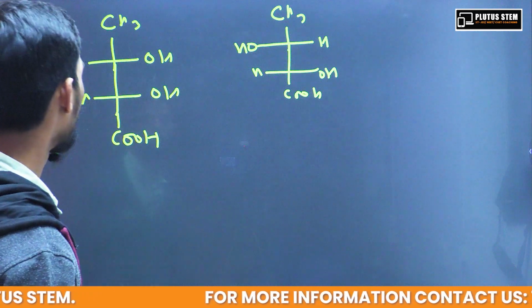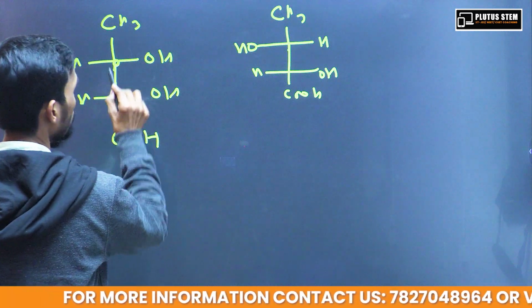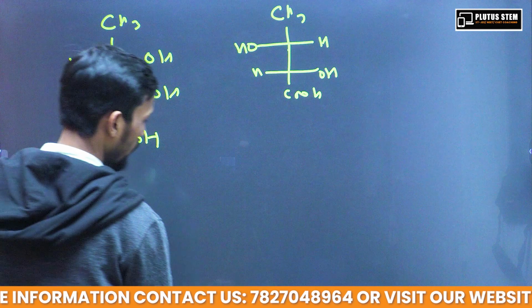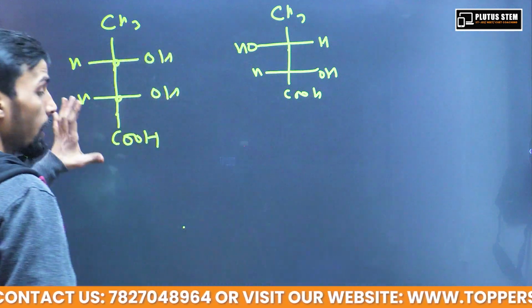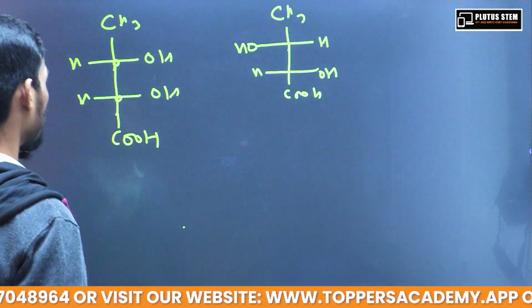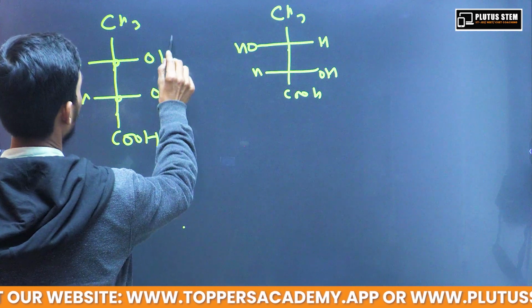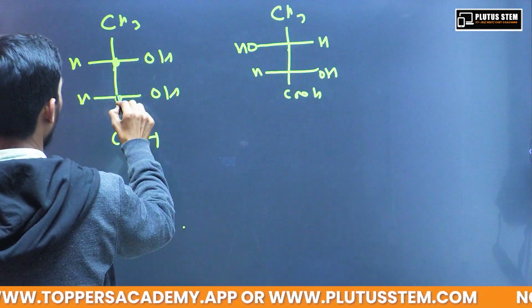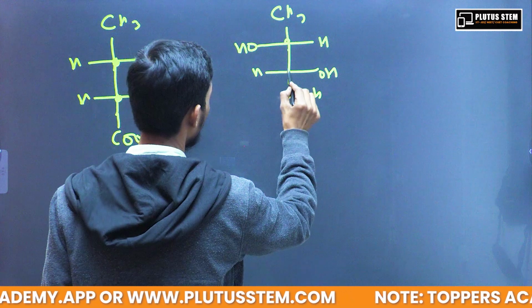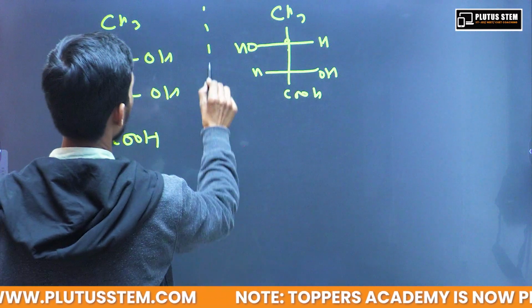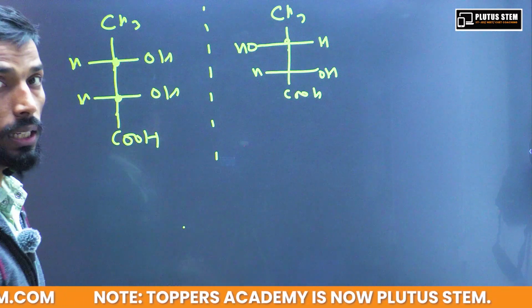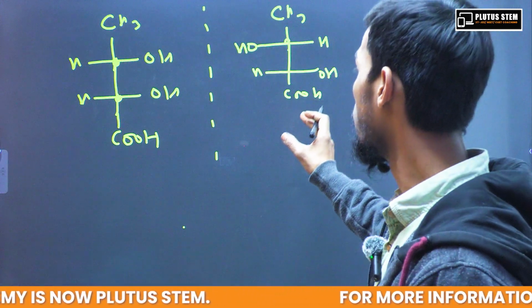These two combined, if you visualize over here, if you see these two compounds, there is a stereocenter here, but these two are not mirror images of each other. These are different due to the difference in the orientation in 3D.